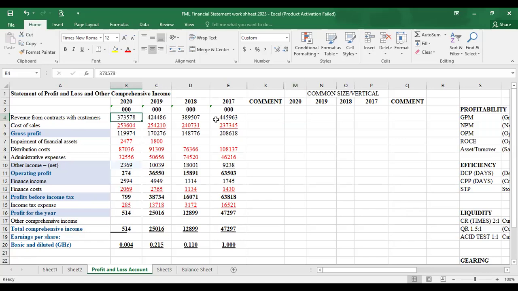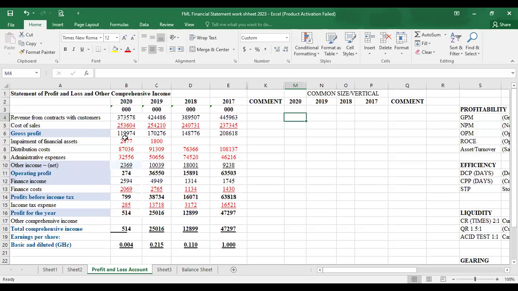So in 2020, all the items that we have here, we have revenue, cost of sales, gross profit, impairment, distribution cost, administrative expenses, other income, operating profit, finance costs, finance income, profits before income tax expense, profits for the year, then we have the total comprehensive income.